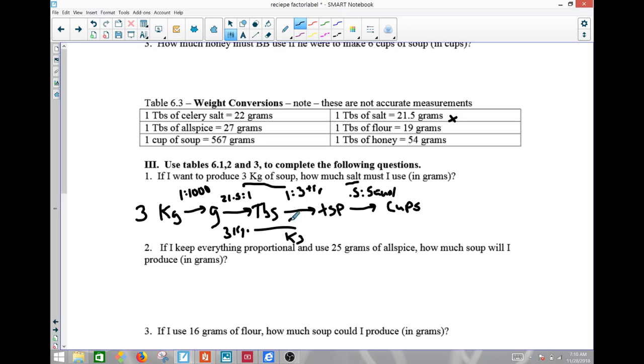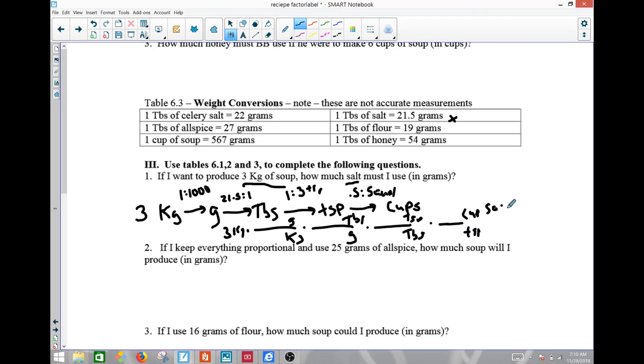And I'm going to go to grams dot line. Get rid of grams and go to tablespoons. Dot line. Get rid of tablespoons and go to teaspoons. Get rid of teaspoons and go to cups of soup.